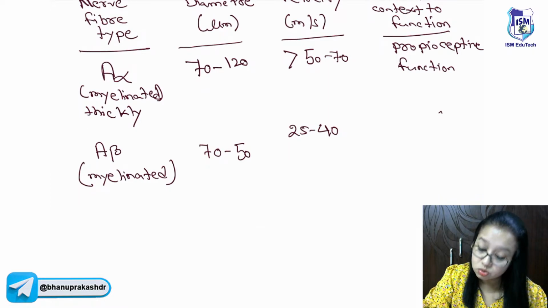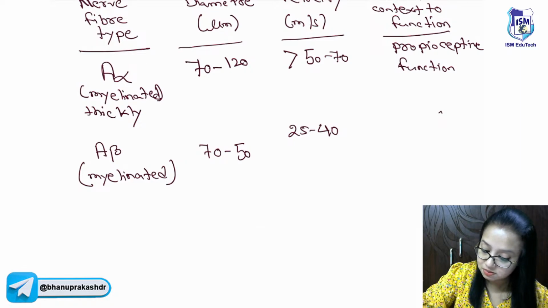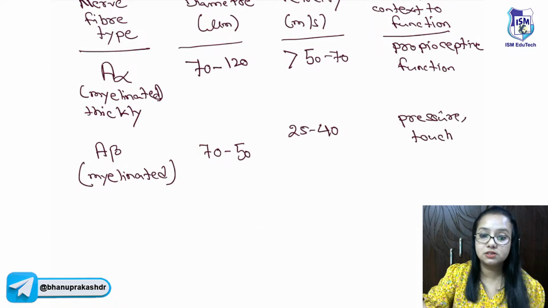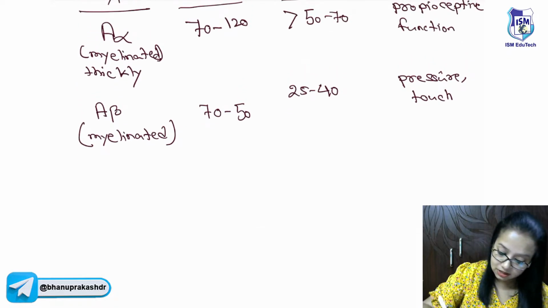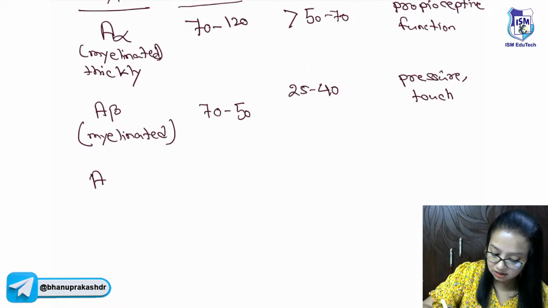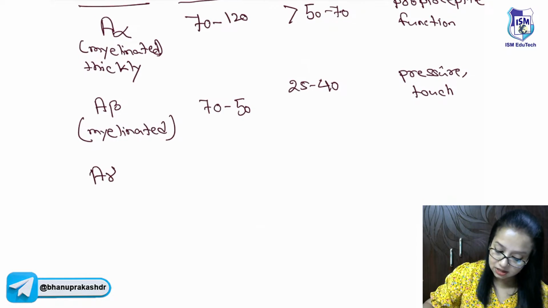And in context to what it is sensing, it is mainly pressure and touch sensitization. Now these two are mainly sensory in function. Next comes the A gamma. The A gamma is also myelinated.